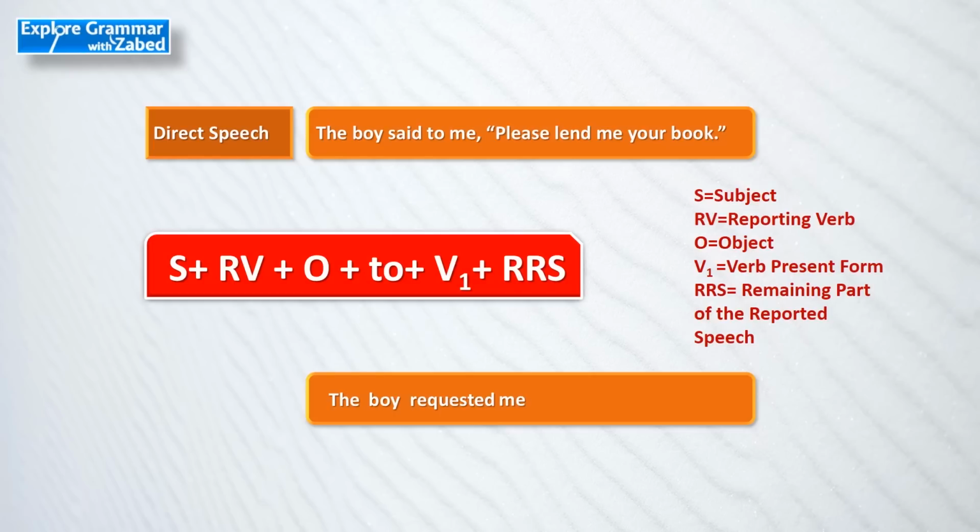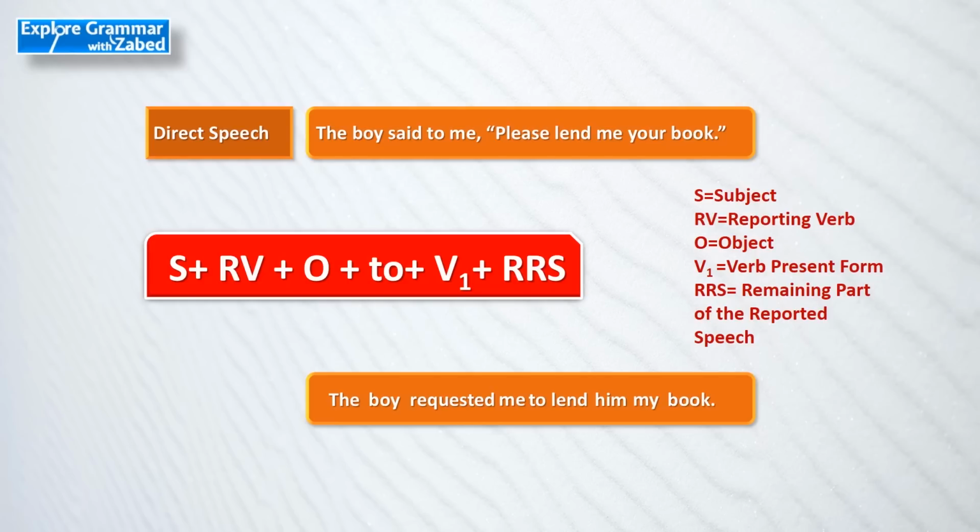The object is me. Then we'll remove the imperative word please here. After that, to lend will come, as lend is the base form of the main verb. Finally, we'll add the remaining part of the sentence, him my book.